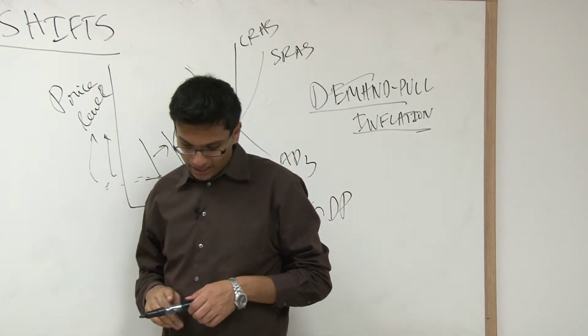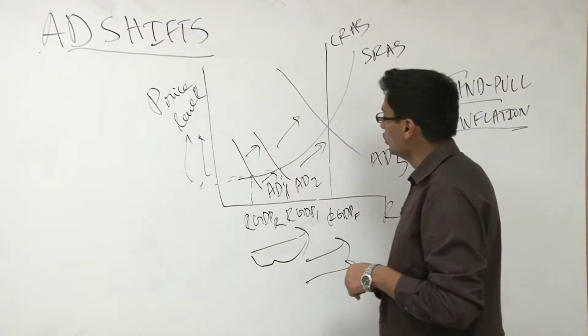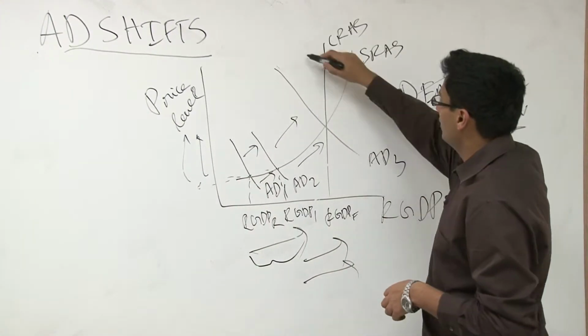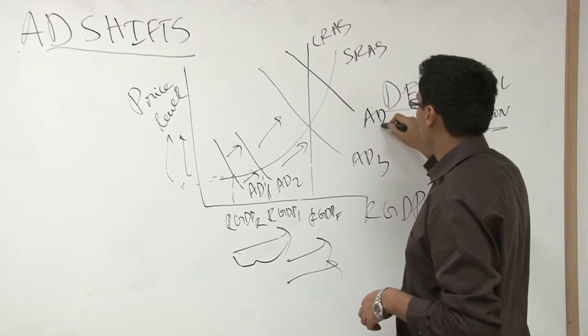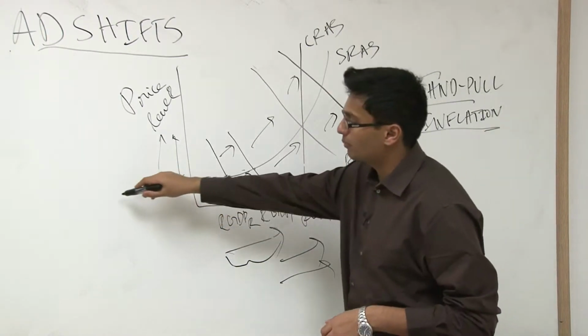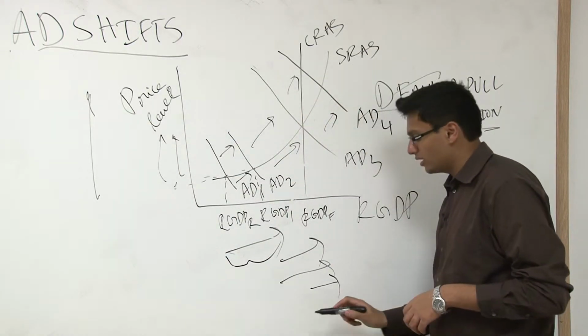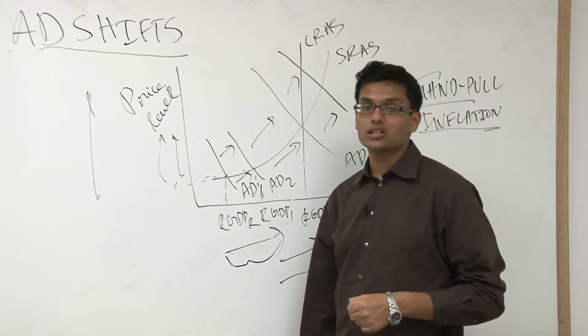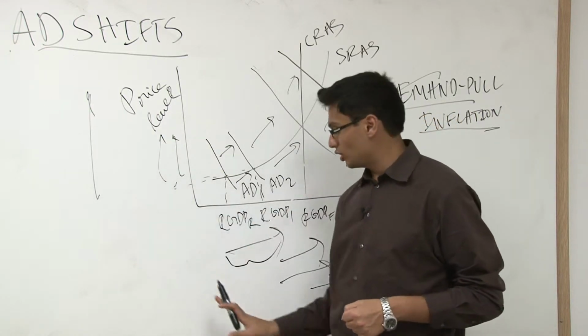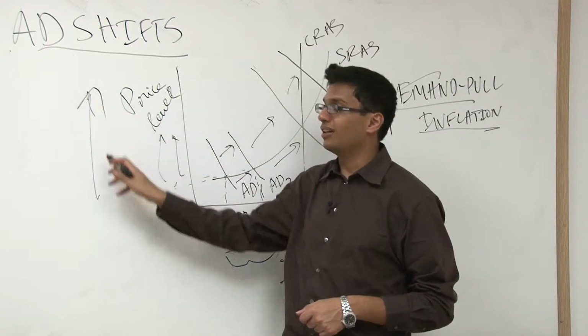Now, let's talk about how RGDP moves, let's say, for some reason, from AD3 to AD4. More government spending happens, and it moves. Now you've got to watch out because the price level increases almost exponentially, but the change in RGDP is very, very small compared to the price level. So you're not getting much out of the RGDP, your output isn't increasing more, but the price level is increasing by a lot.